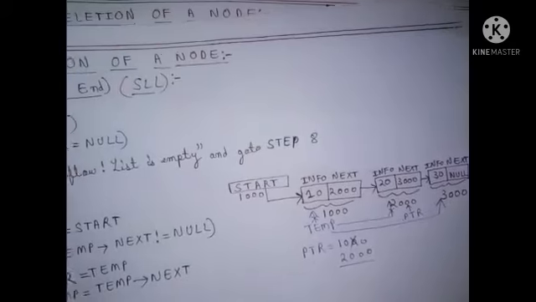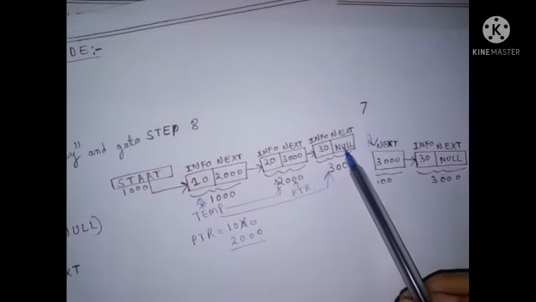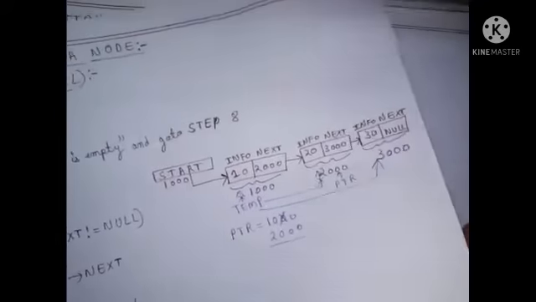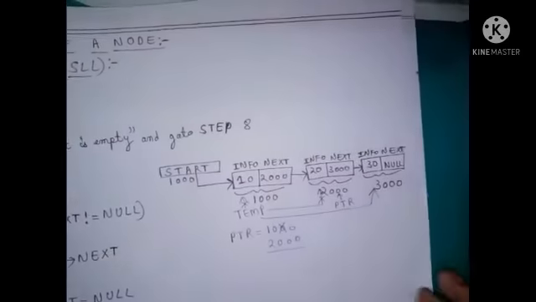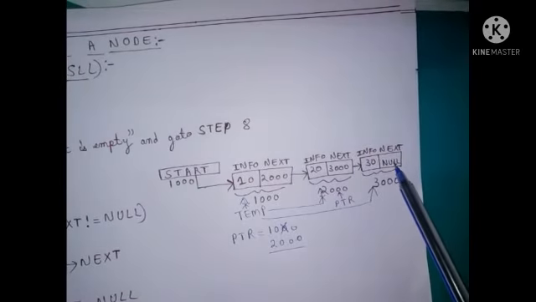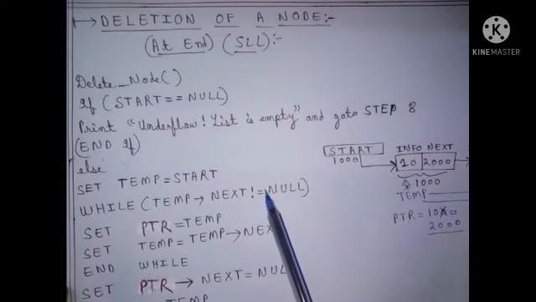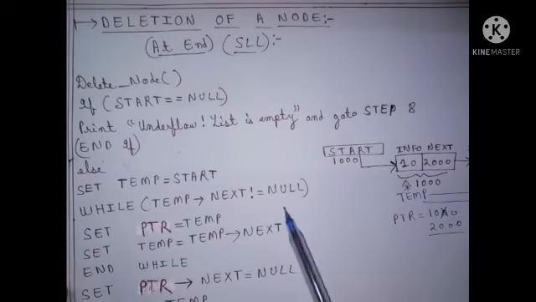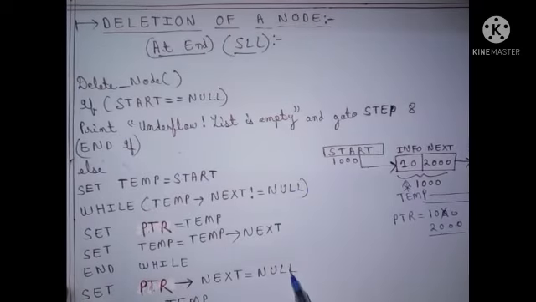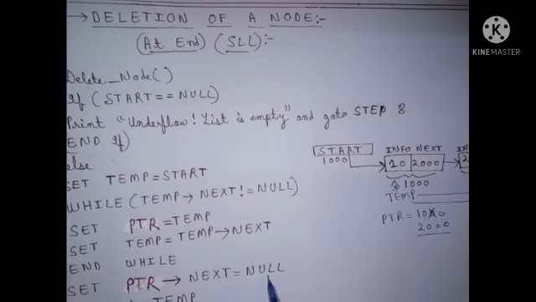After that, it will check temp next not equals null. This condition now becomes false, because this last node's next part is null, so the while loop will stop executing and it will come out of the loop. Now what we have to do is set ptr next equal to null.